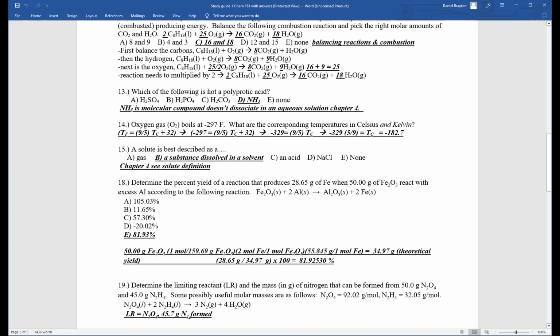Okay, which of the following is polyprotic? So when we covered acids, anything that starts with an H in the formula is an acid, which all of these are, except for obviously D, the answer there. And poly means many. The element hydrogen is 1 proton, and we talked about the uneven splitting of water. What makes something an acid is it's H plus.